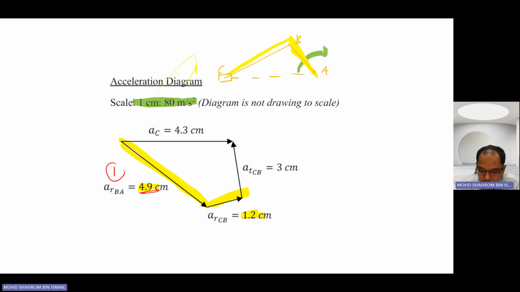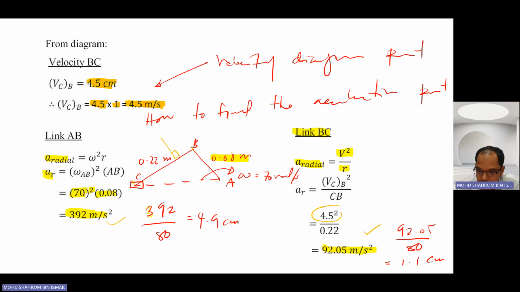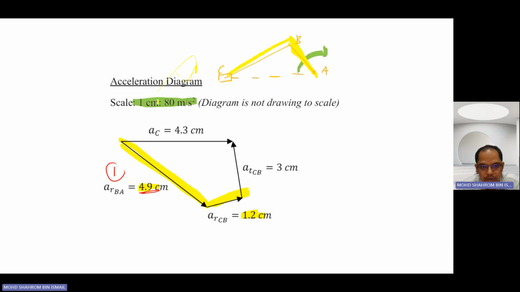Here, 1.2 centimeter is coming from the radial acceleration that we calculated, 92.05 meter per second squared, and our scale of 1 centimeter equivalent to 80. So this is where we get the magnitude, and this is our second step to calculate the acceleration diagram. So far, I think maybe you can follow it slowly.